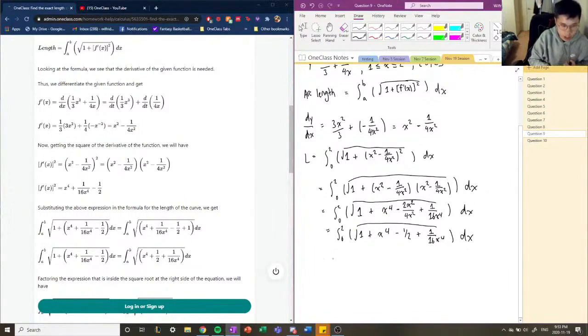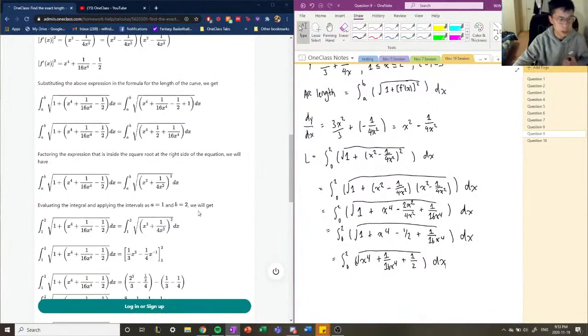This one can be simplified, so we could write x to the power of 4 plus 1 over 16x to the power of 4 plus a half, all square rooted, dx. So yeah, that was a lot.